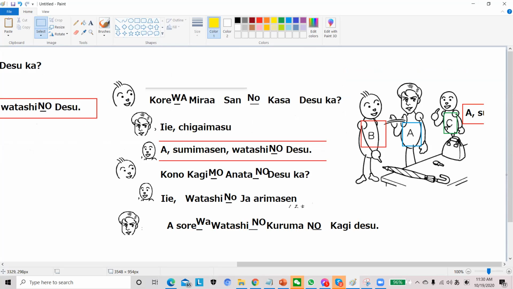Okay, go ahead. これはミラさんの傘ですか？ いいえ、違います。 Sumimasen, watashi no desu. この傘もあなたのですか？ Kagi. That's kono kagi. 鍵、この鍵。 You made a mistake with the item. One more from the beginning. Unless you're offering a second umbrella. Okay, one more from the beginning.